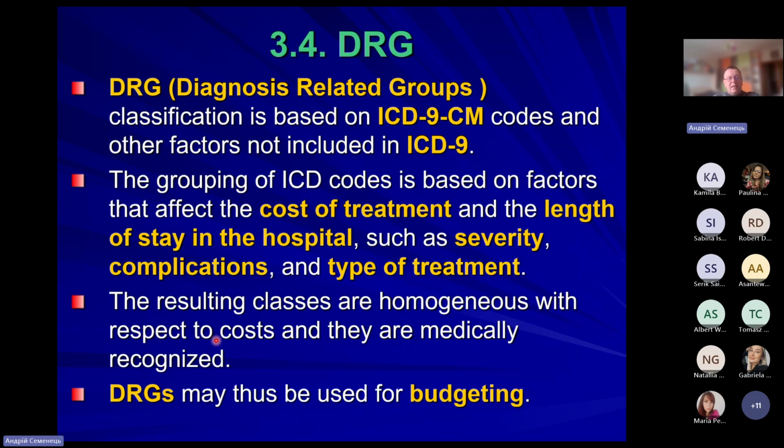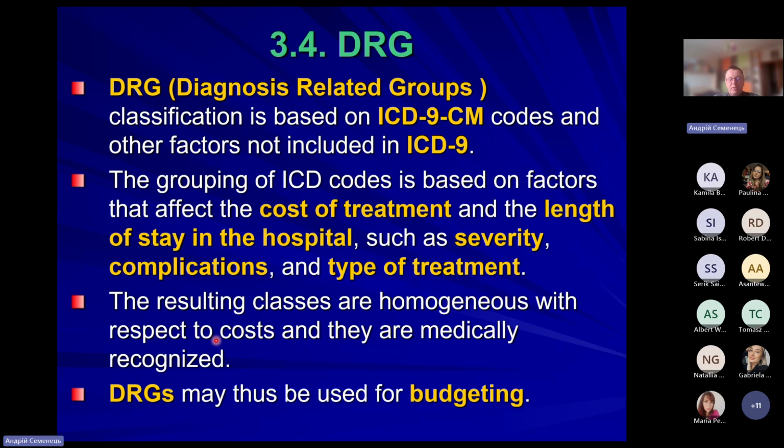Okay, DRG, or diagnosis-related groups. The classification is again based on the clinical modification of ICD-9, and they actually extend the ICD coding system by factors that affect the cost of treatment and stay in hospital, such as severity, complication, type of treatment, and so on.